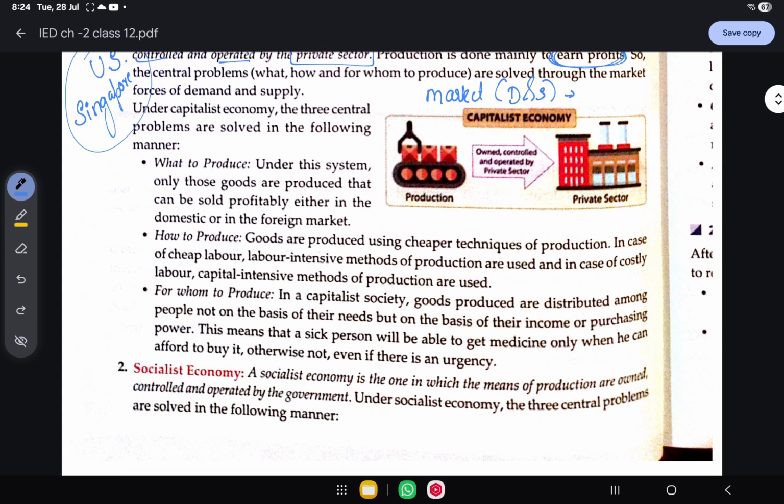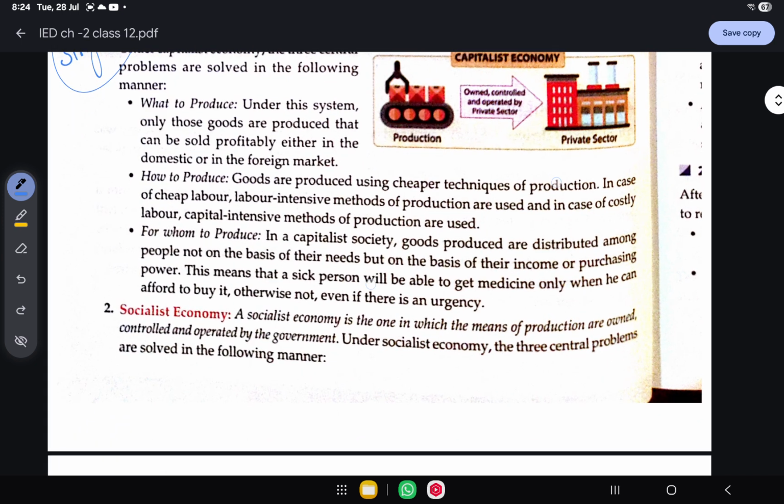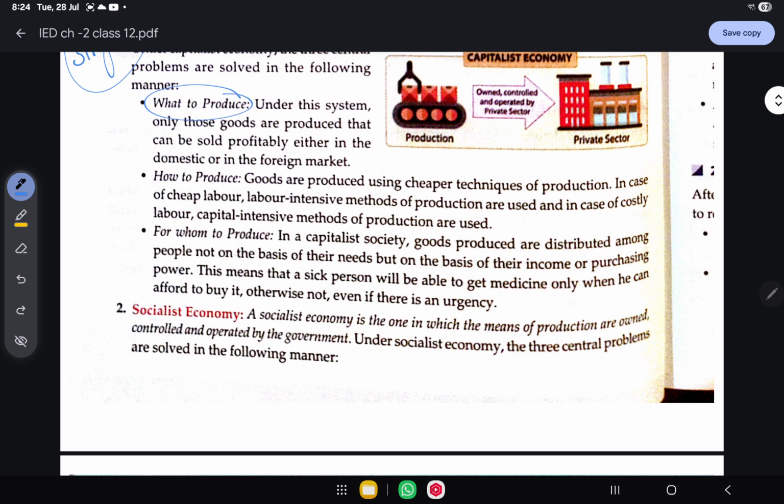And now we will see how the three central problems are solved in the capitalist economy. When it comes to what to produce, in the capitalist economy, the producer will decide what goods to produce based on consumer demand and profit.